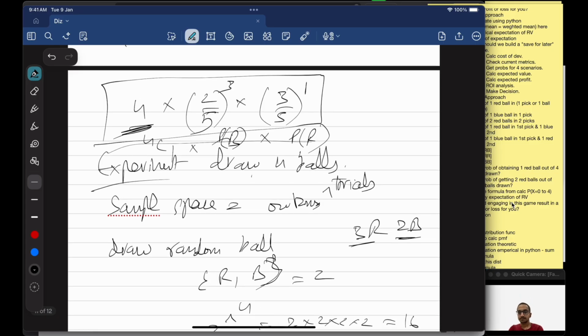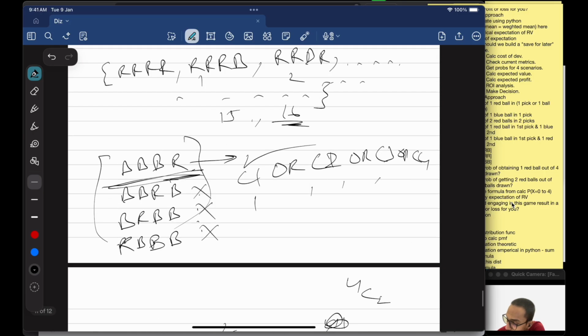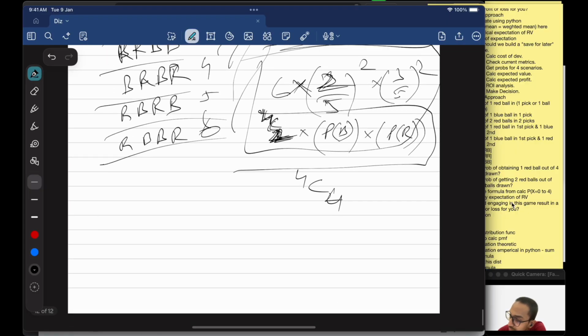So if we want to compute the probability for where there are no reds, which is P of X equal to 0, up to P of X equal to 4, where 1 red comes, 2 reds come, 3 reds come, and all 4 draws are reds, if we want to compute the probabilities for all of them, then we can use the formula.